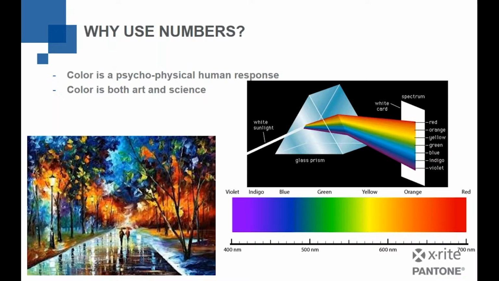And so if we know that and we can measure the various wavelengths of color, you see those displayed from 400 to 700 nanometers, from violet to red, we can then potentially measure that and put some science to the color. Doesn't negate the art and the emotional side of it or the human side of it, but it does allow us to measure it. And of course, do it without the influence of our state of mind or our mood.